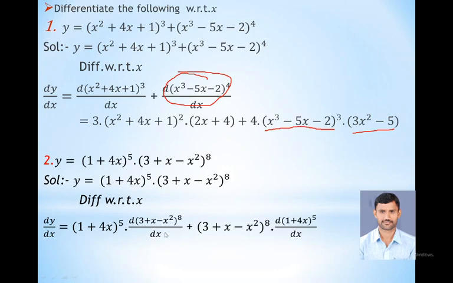So dy by dx is equal to 1 plus 4x bracket raised to 5 into derivative of 3 plus x minus x square bracket raised to 8, plus 3 plus x minus x square bracket raised to 8 as it is into derivative of first, meaning derivative of 1 plus 4x bracket raised to 5.